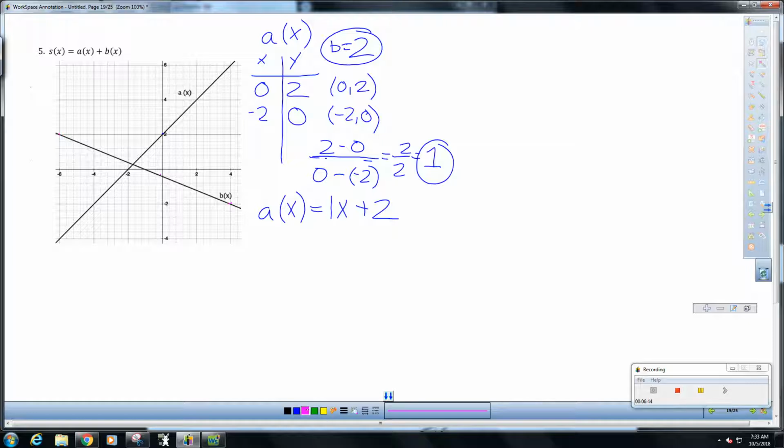B of x is not going to be as easy because we'd have to know exactly what that point was. And while I do think we could figure out that point, I'm going to go about this using point slope. So let's find the slope. I know that b of x contains the point 4 comma negative 2.